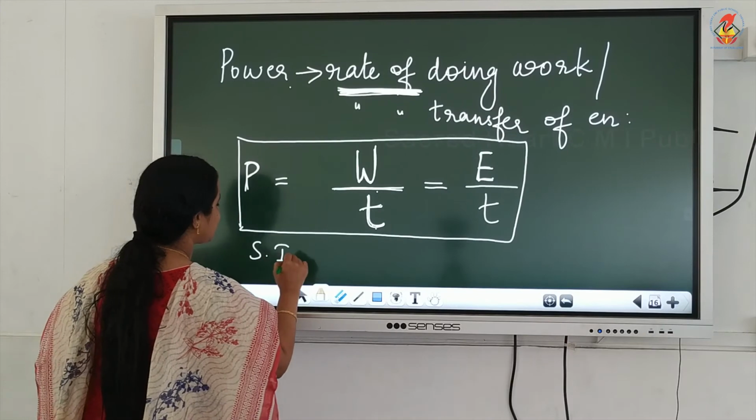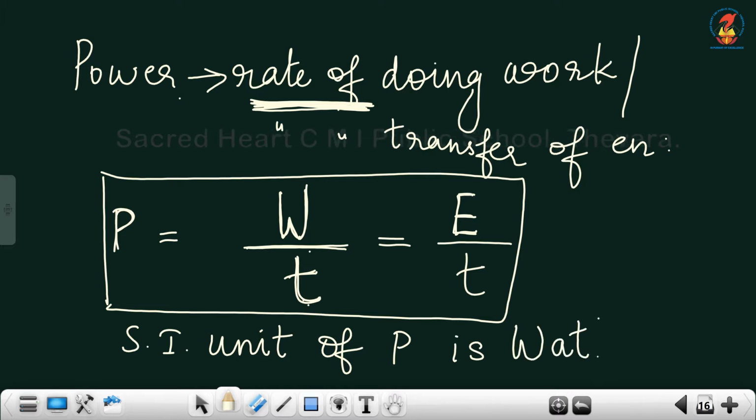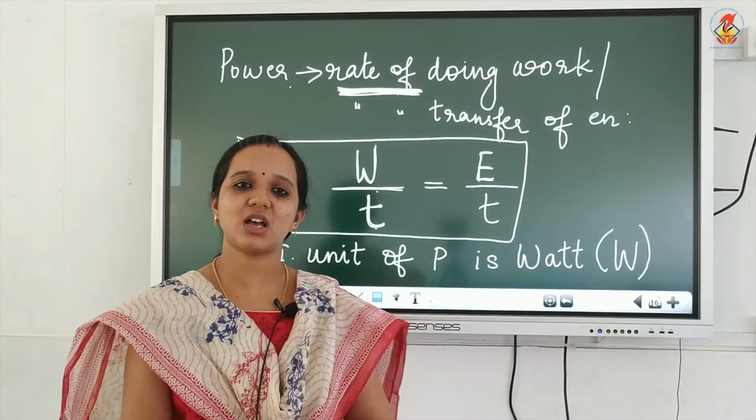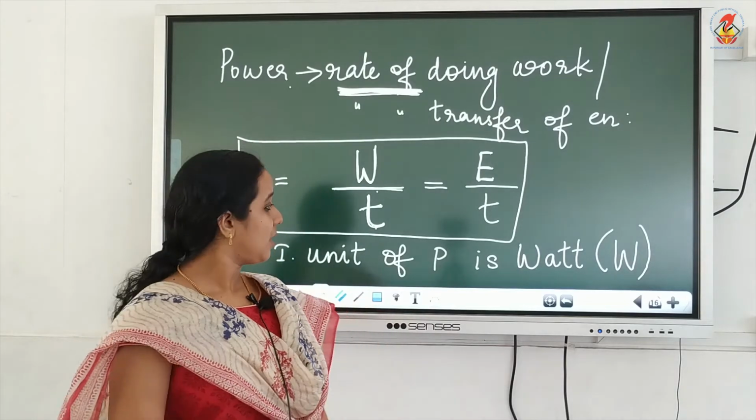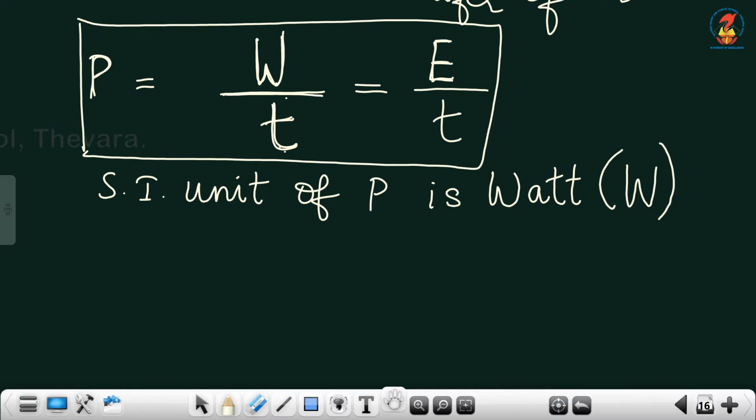And SI unit of power is watt, and represented using the capital letter W. Watt is the SI unit of power. Now, we know that P is equal to W by T and SI unit of power is watt. Now, can you define 1 watt using this formula?